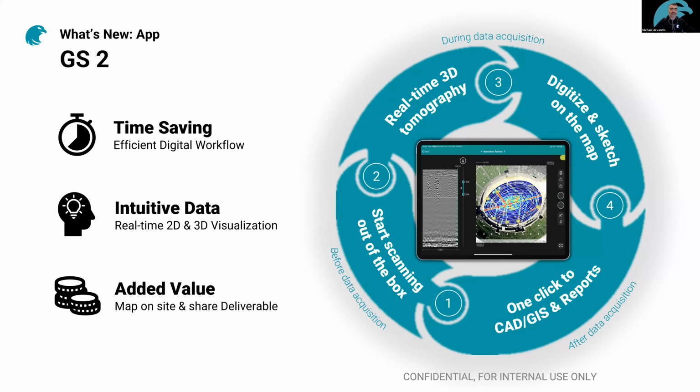You can still get the 2D hyperbolas that some of you are maybe used to, but you get something more. If you see over here, you can get some data from 3D, more or less, on a map directly. And of course, the new update adds value because you don't really need to go to the office and post-process all that, and you can start to deliver almost directly.